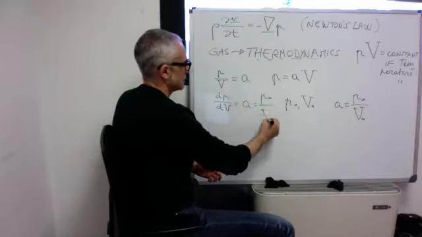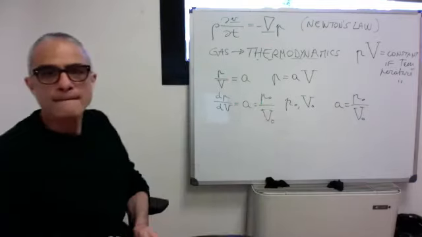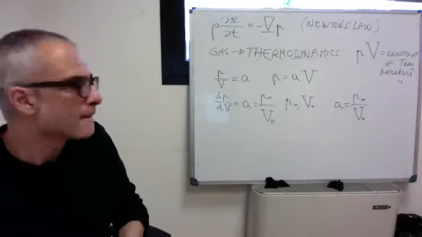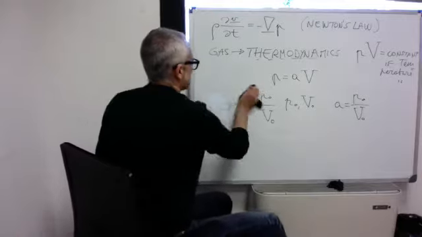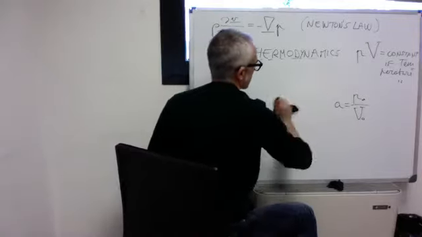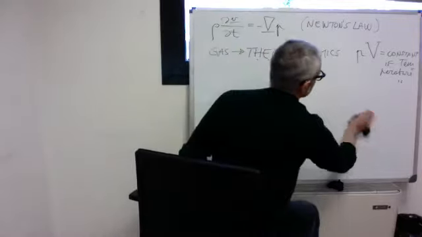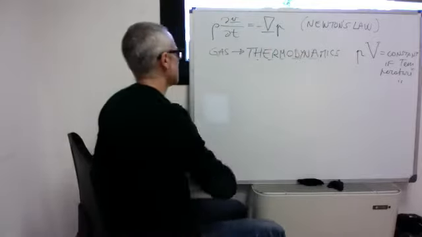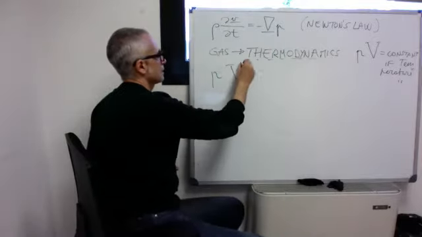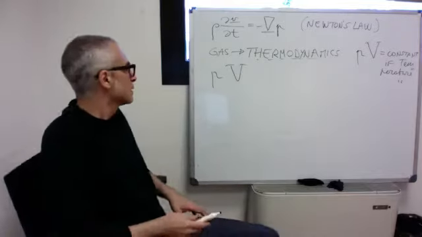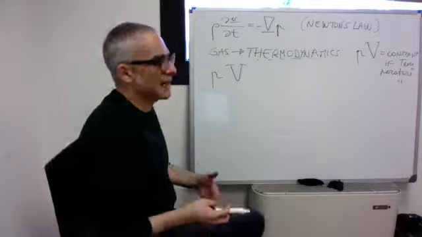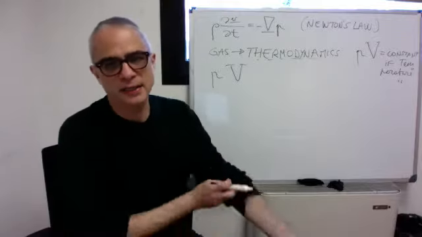Sir, I have a question. Yes, please. I don't understand what A is. Let's do it again. Basically, P times V is constant, it doesn't change. That's thermodynamics, it's an empirical law.